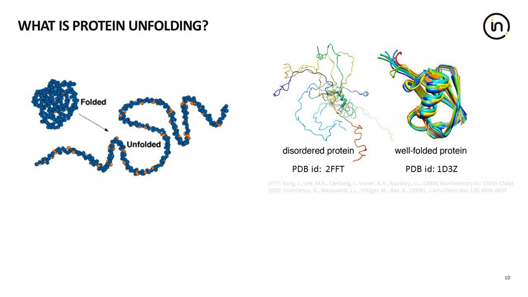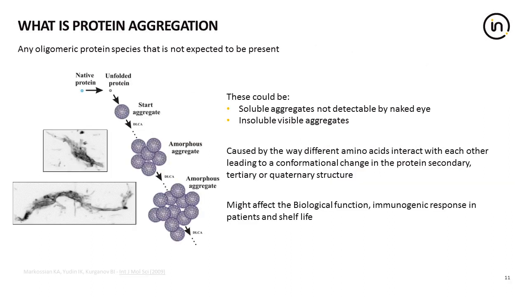Another issue arising out of protein unfolding is protein aggregation. Aggregation is anything which is an oligomer of the protein that is present in solution but is not expected to be present there. Now, these aggregates could be really small and soluble and are not usually visible to the naked eye, or they could actually be very large, insoluble, visible aggregates.